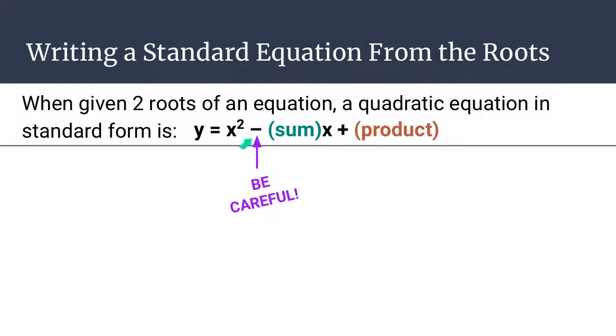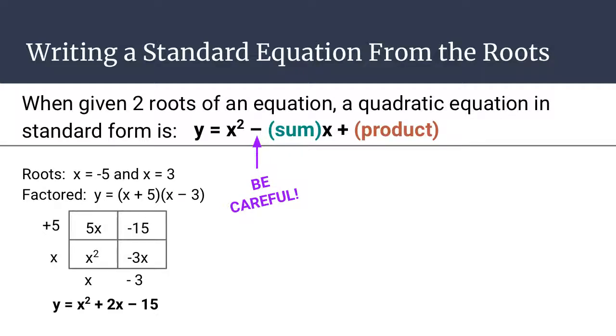It is important that you're careful, because I have emphasized this already, and this is the number one spot where students make mistakes, and it's due to that factored version. As we take a look at how that comes here, instead of doing it piece by piece, I put it all up here at once. Our roots were -5 and 3, so x plus 5 and x minus 3 are the factors.